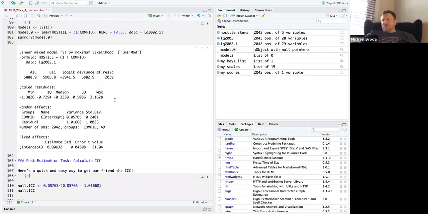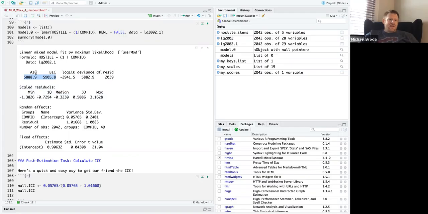So hopefully this is starting to look a little bit more familiar. Here is my equation. Here are some fit statistics, AIC and BIC, log likelihood, so on and so forth. I have information about my residuals, and then my random effects and my fixed effects. So at least for now, I'm going to note where I'm starting in terms of AIC and BIC.